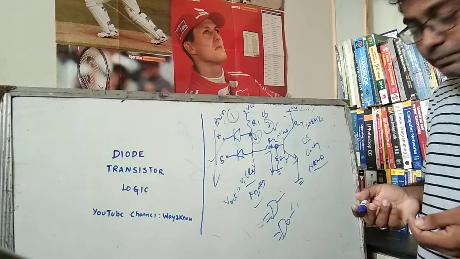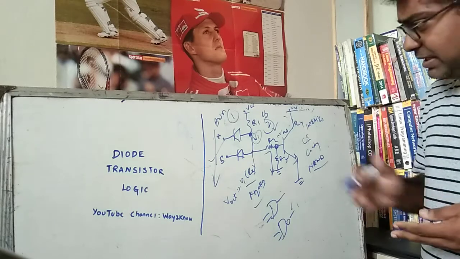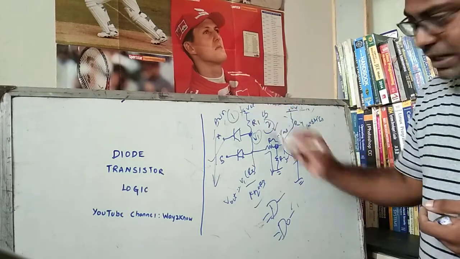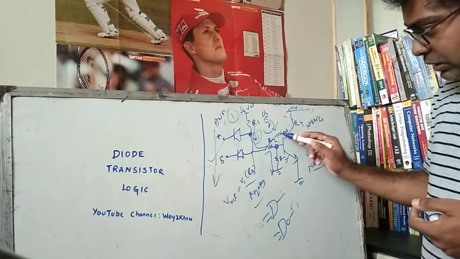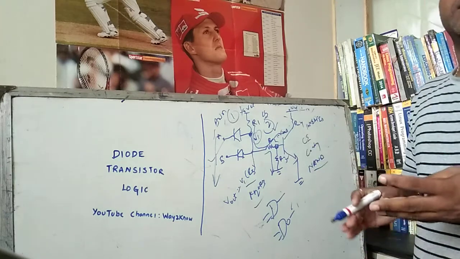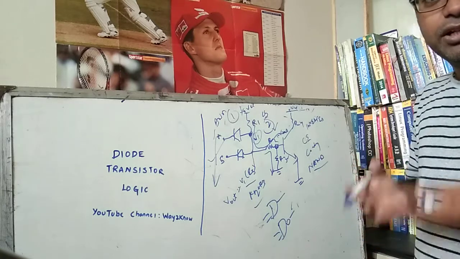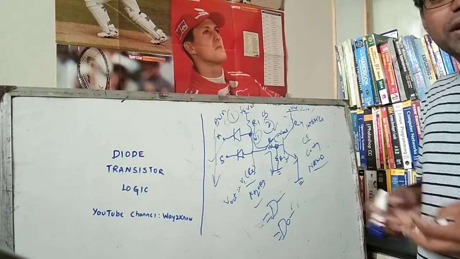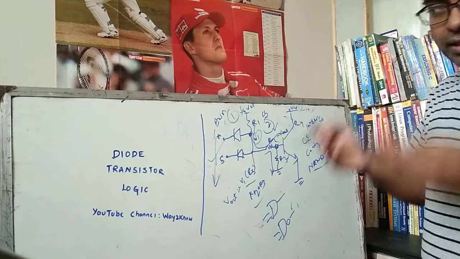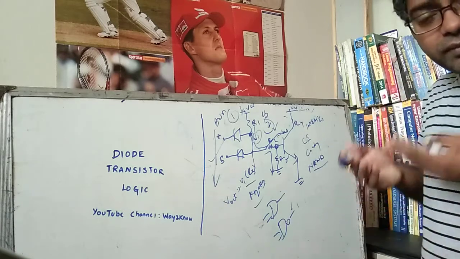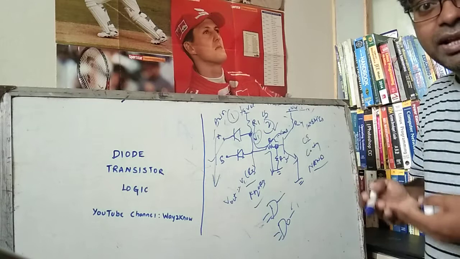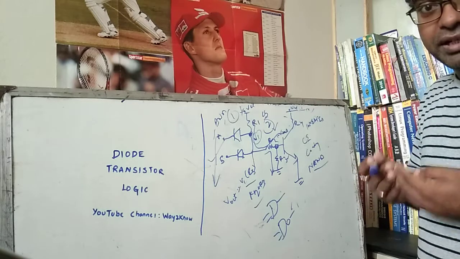And one major disadvantage we can say is that because of all these stages, there will be a propagation delay associated. So one of the major disadvantages is that the diode transistor logic has a high propagation delay.